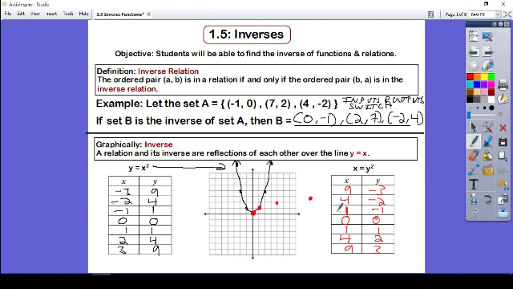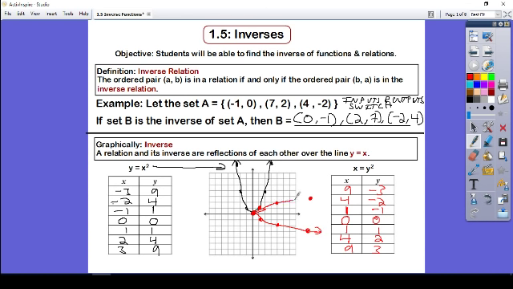Then we look at the negative numbers. We have (1, -1), (4, -2), and (9, -3). So this is the inverse of our relation.